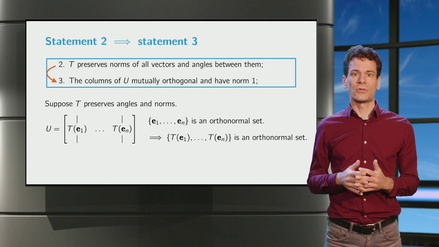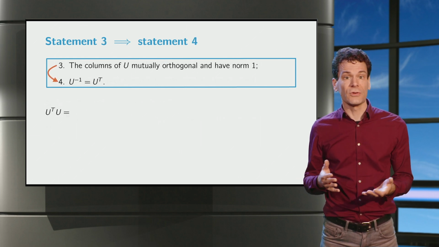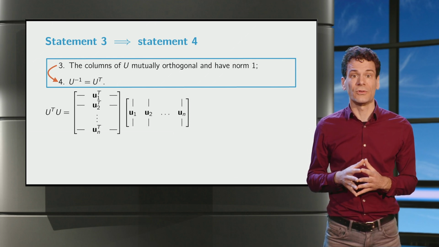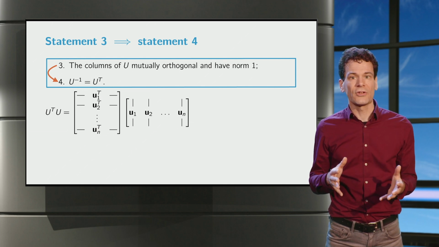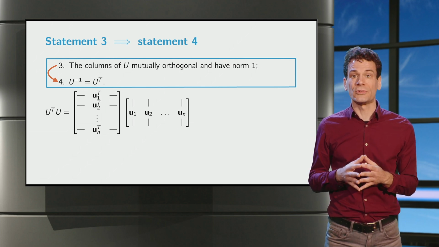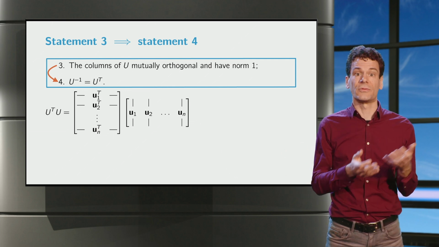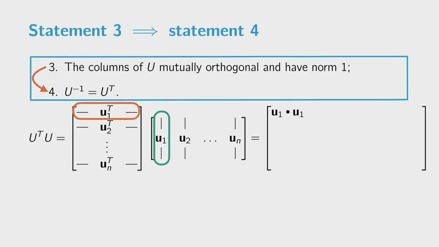Let's move on to statements 3 and 4. I will show that U transpose times U is the identity matrix. Remember that the rows of U transpose are precisely the transposed columns of U. Calculating a matrix product comes down to taking repeated products of the rows of the first matrix with the columns of the second. You see that the first element of the first row of the product is precisely the dot product of u1 with itself.